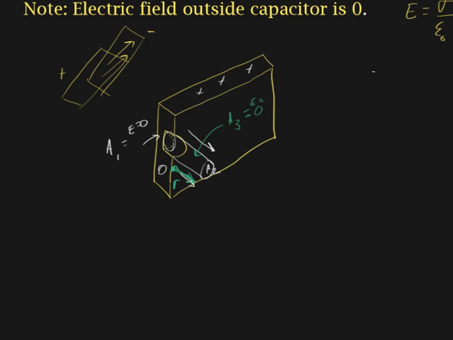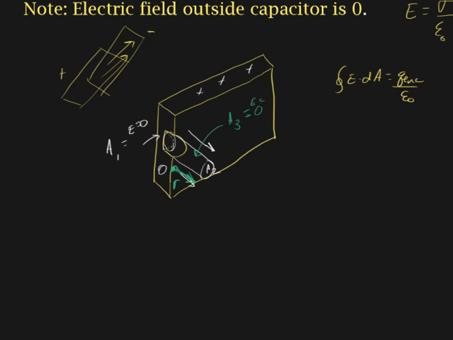We start with Gauss's law. The integral of E dot dA is equal to Q enclosed over epsilon naught. And we have three surfaces of our cylinder to consider. And anytime you use the cylinder, you have to consider three surfaces. So we end up with the flux of this surface, A1, is 0 because the electric field is 0.